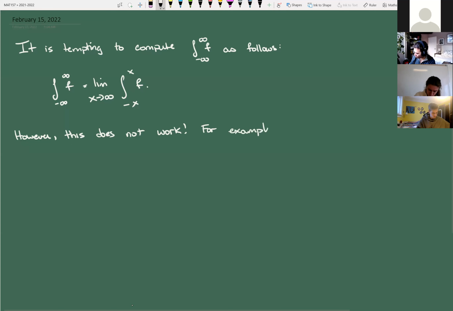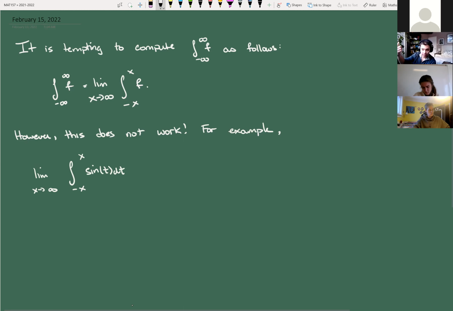we have students do this all the time, and like I said, be careful. So what if I asked you to compute the limit as x goes to infinity of the integral from negative x to x of sine t dt, right? This thing is an odd function, and I'm integrating over a symmetric interval.